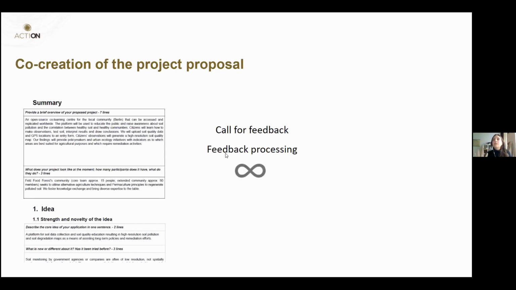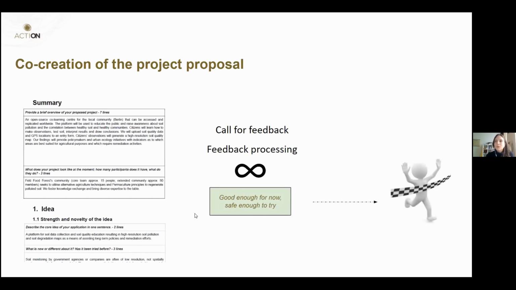These last two phases of collecting and processing feedback could go on until we have only positive feedback and no objections. So everyone agrees on the document, and we think that the document is good enough for now and safe enough to try. And the document, or the outcome, is ready to go.